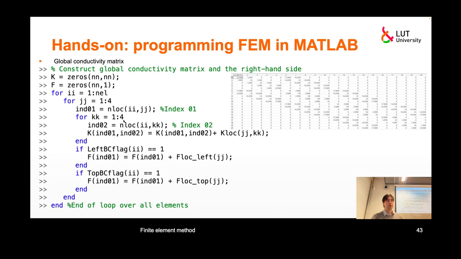The two inner loops are from 1 to 4, which represent nodes of the elements and elements of the local matrices. And I will identify two indices, IND01 and IND02, using my unlock matrix.